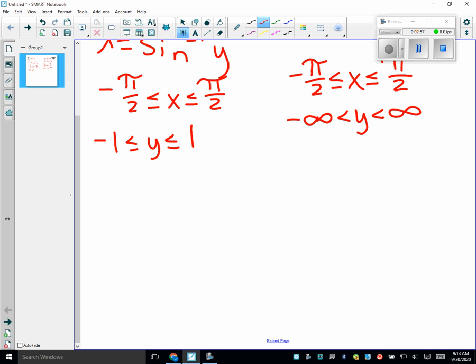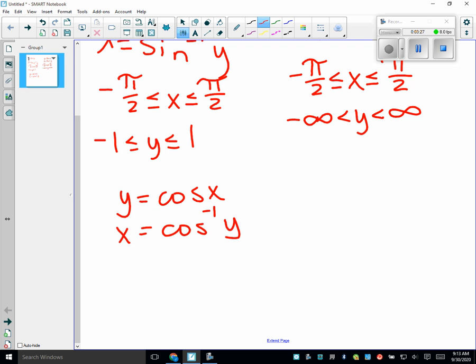Okay. The last one is cosine of x. We did it the same way. x is equal to, do you remember that the negative 1 means inverse cosine or arc cosine? Yes. All right. Is there a difference between inverse sine or arc sine and regular inverse?